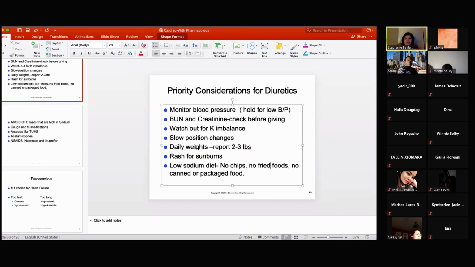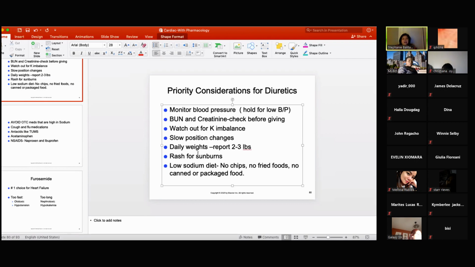Watch for rash and sunburns, and again, a low sodium diet, because we do not want sodium. What does sodium do? It retains water. So a low sodium diet.